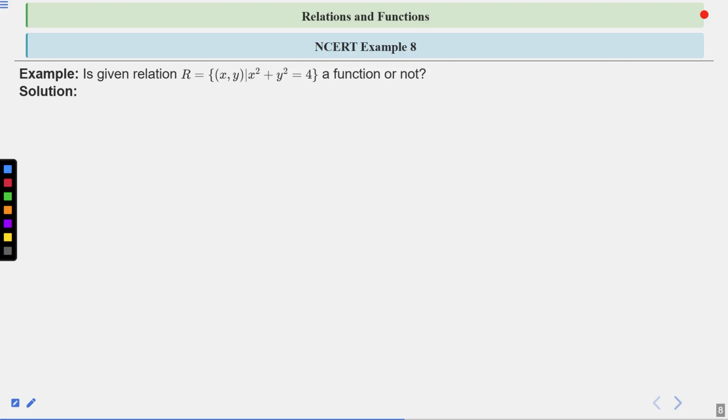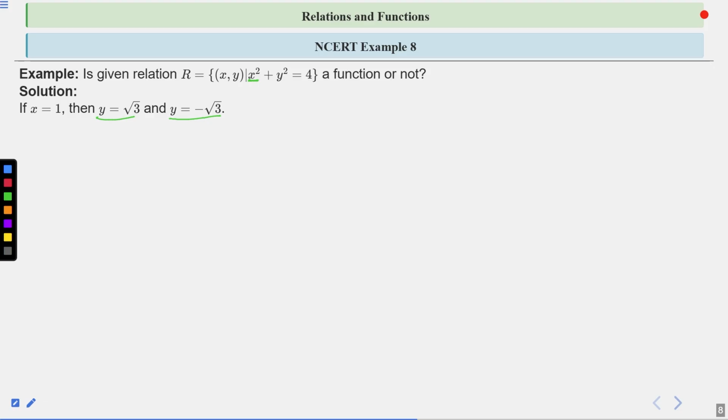So solution. If x is equal to 1, then what you are getting is simply y as root 3 and y as minus root 3. Yes, if you substitute x = 1 here, what you will get is y square is equal to 3.